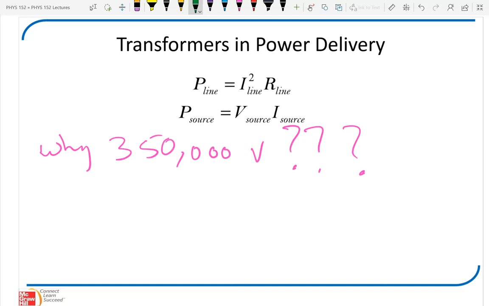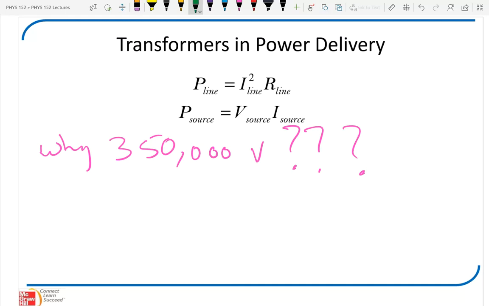Well, it is in large part because of the long distance lines, but it's not because they're going to have a big voltage drop, if that's what it sounds like you're saying. It's not because of a big voltage drop. In fact, when they have 350,000 volts, they're going to have a much bigger voltage drop on the line than they would have if they'd had a smaller voltage.